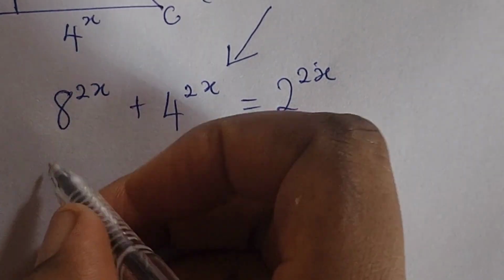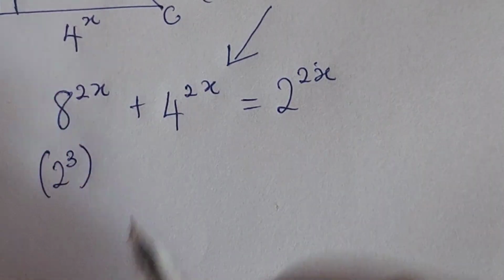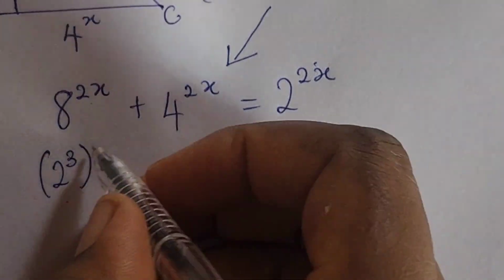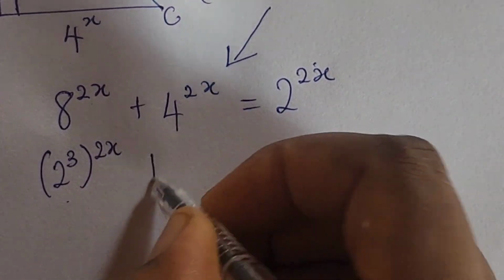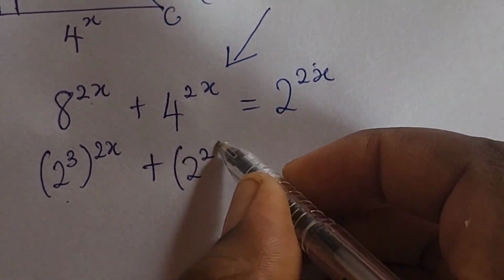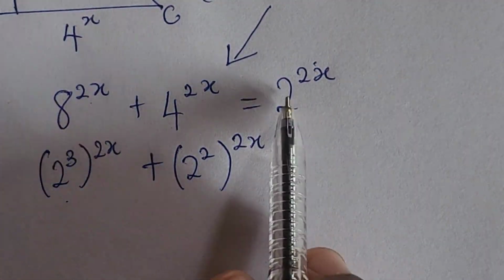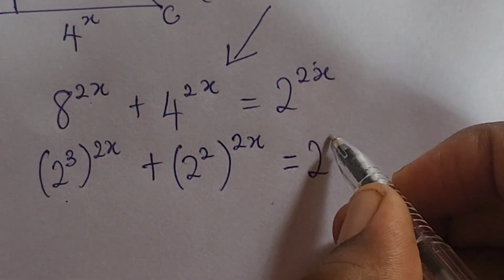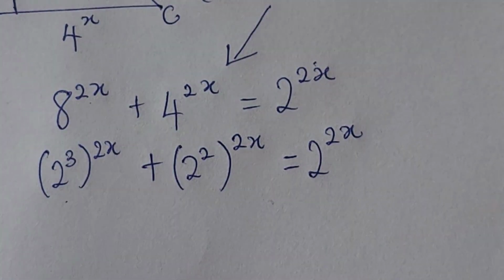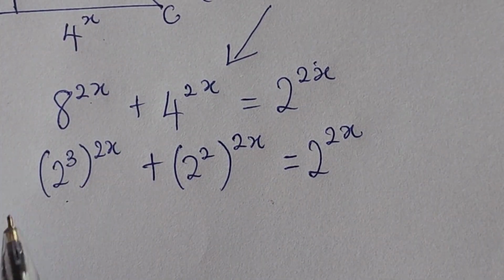But we know that our 8 is the same as 2 to the power of 3 further raised to the power of 2x, plus our 4 is the same as 2 to the power of 2 further raised to the power of 2x, and is equal to 2 to the power of 2x. So what we are looking for is the value of x from this triangle.